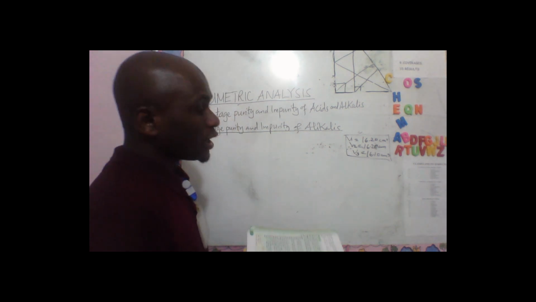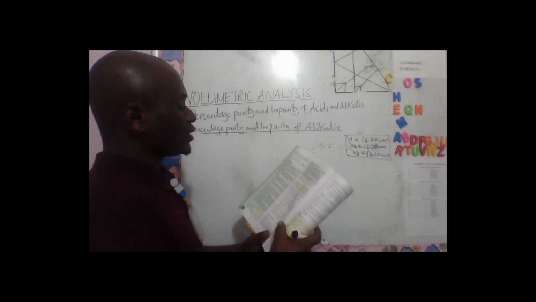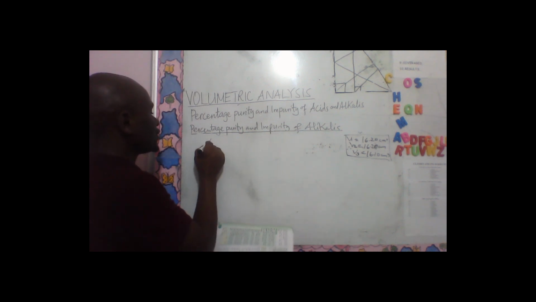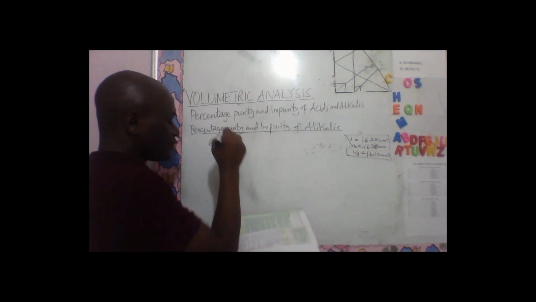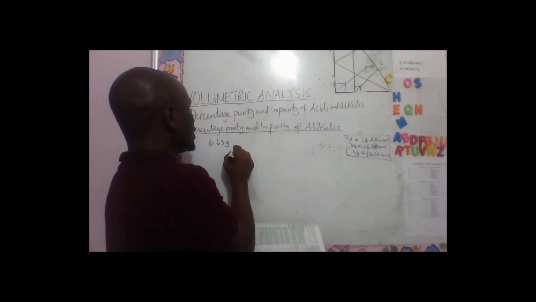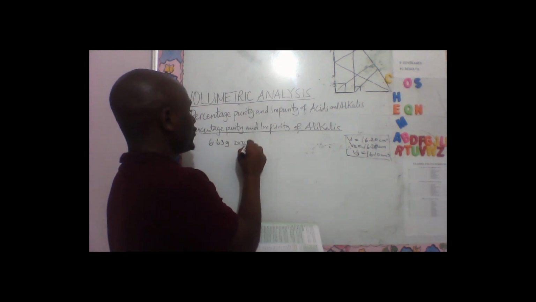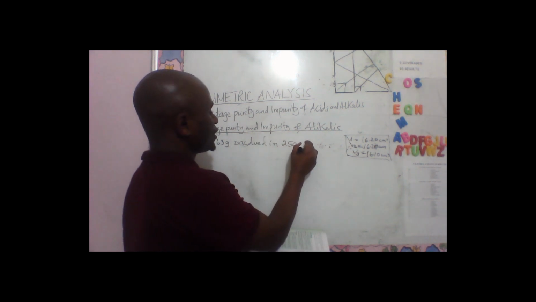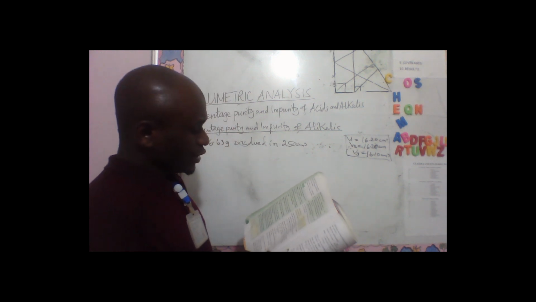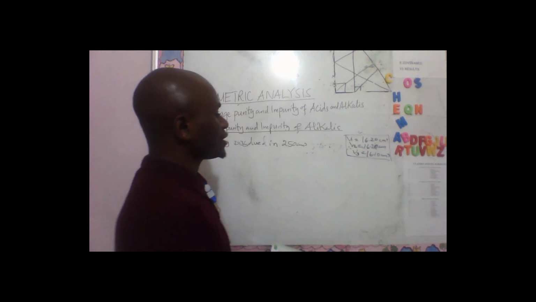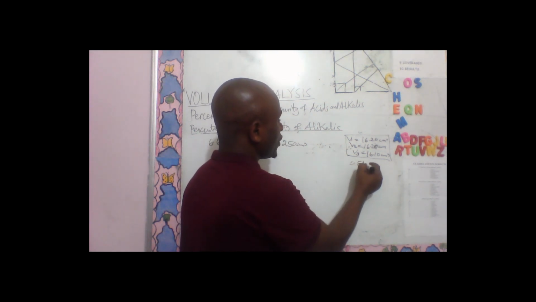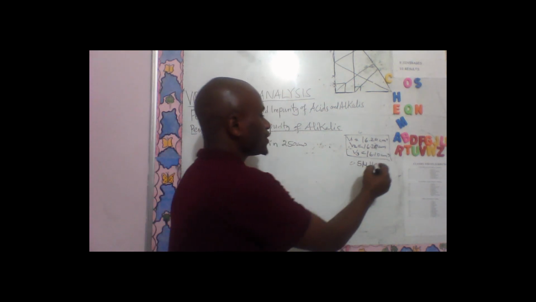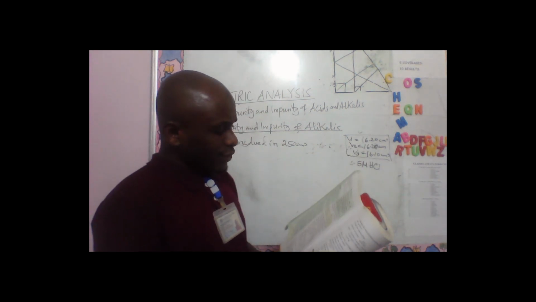That experiment tells us something. So let's see what things were utilized during the experiment. 6.63 gram is the mass which was dissolved in 250 centimeter cube to make a solution. 0.5 molarity of hydrochloric acid was used during the experiment.